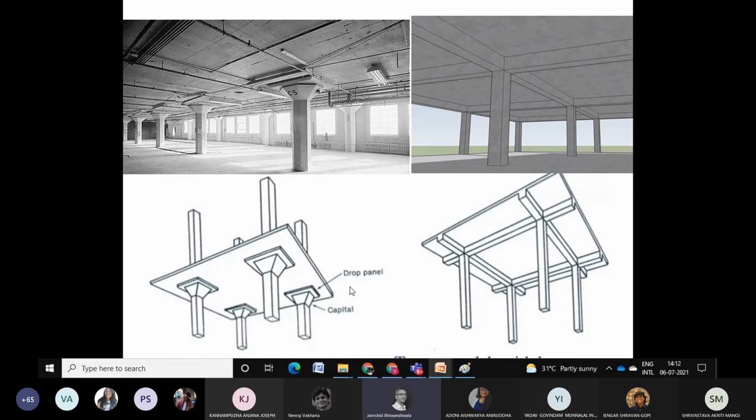First of all, they eat into the height of the floor, thereby not helping. And all these services need to run around these beams, thereby further eating into the height of the structure.